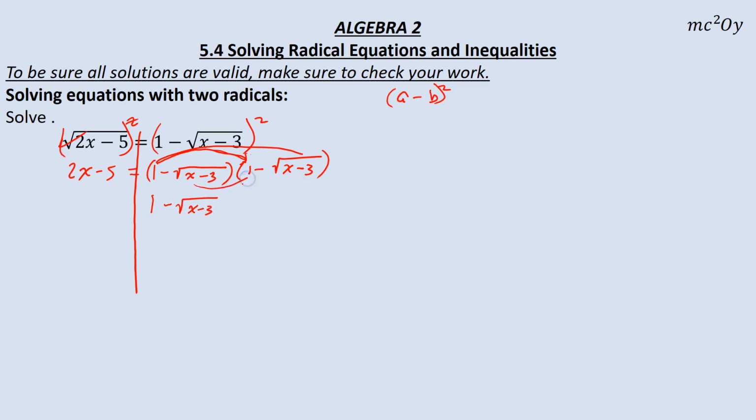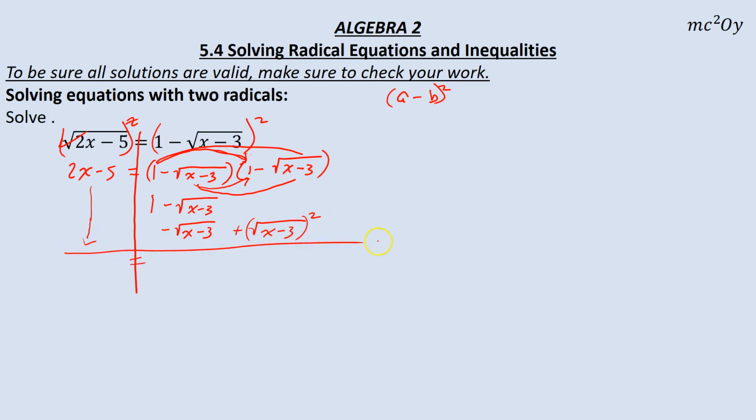And then 1 times negative root x minus 3, so once again that's minus root x minus 3. And then negative root x minus 3 times negative root x minus 3, which is actually positive root x minus 3 squared. And then you still have this 2x minus 5 that's just tagging along for the ride.